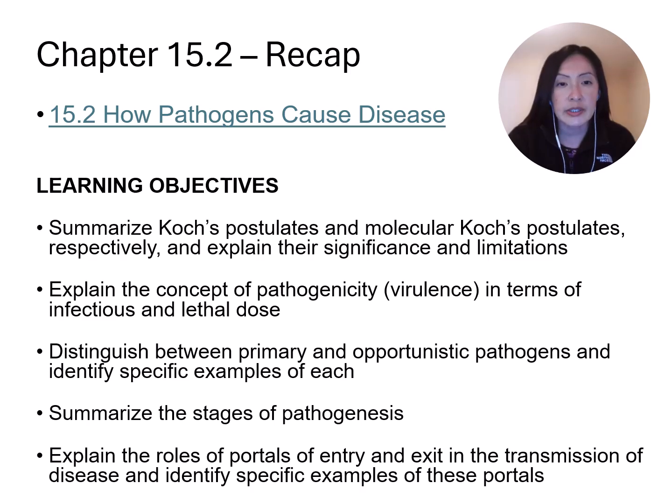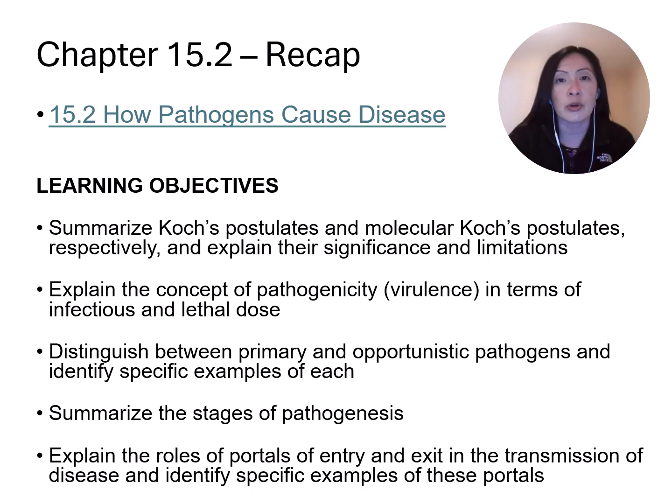For the second learning objective, explain the concept of pathogenicity or virulence in terms of infectious and lethal dose. We saw that pathogenicity is the ability of a microbe to cause disease, and virulence is the degree or severity of pathogenicity. And we measure virulence through the infectious dose, or ID50.